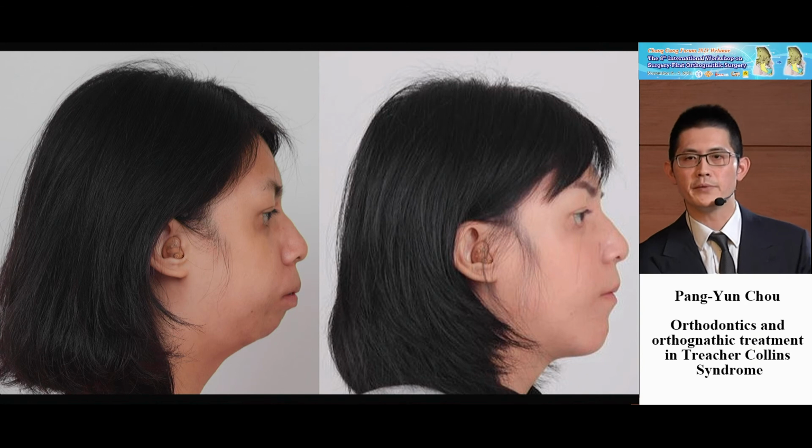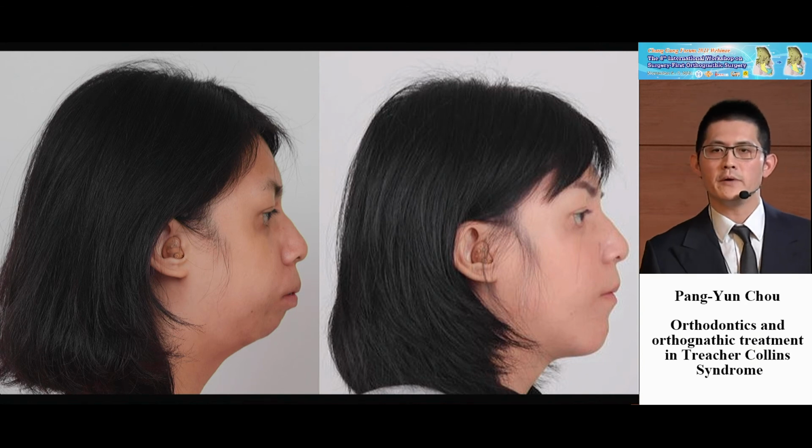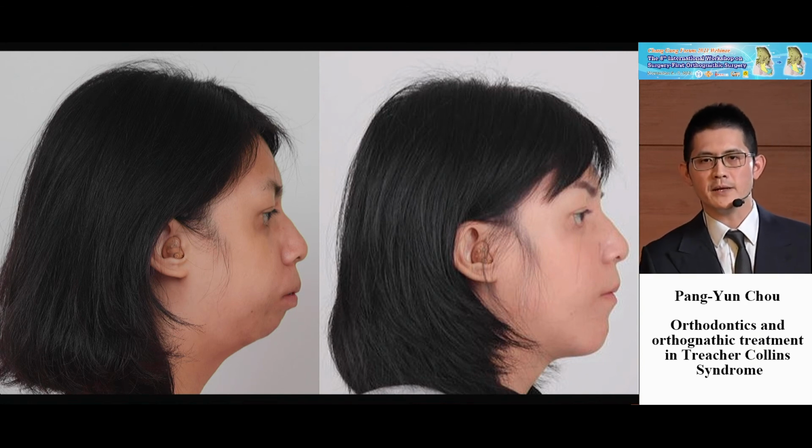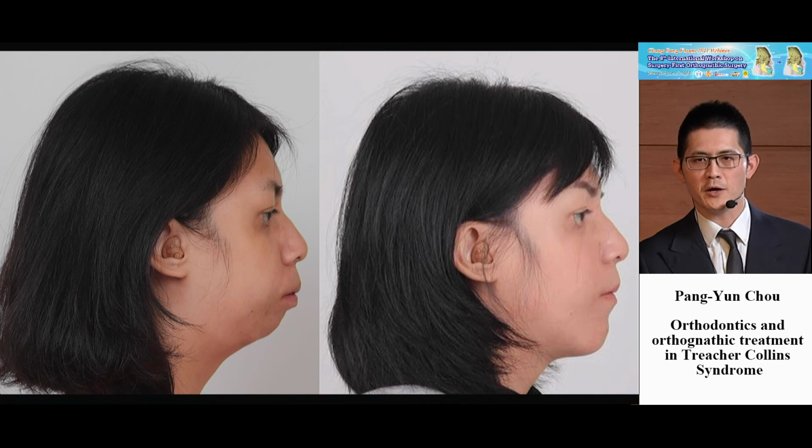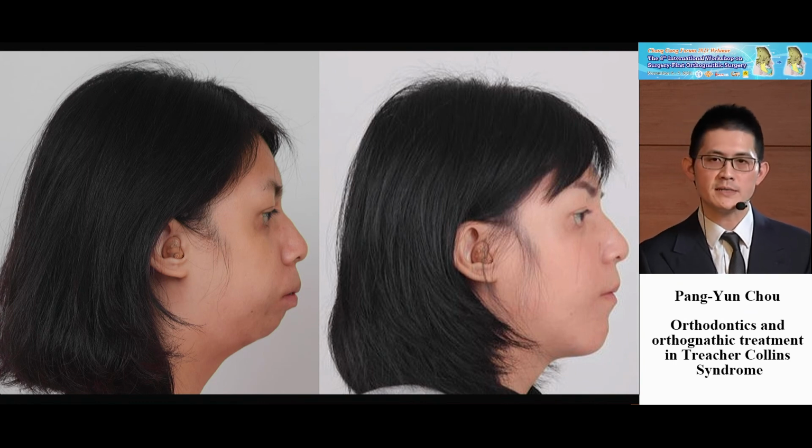And this is the pre and the post. We can see the lower jaw gonial angle is much improved compared to before. And then the bimastoid protrusion of the upper jaw and the nasolabial fold have been reduced as well. And we did the genioplasty to enhance the lateral view and become more harmonious.